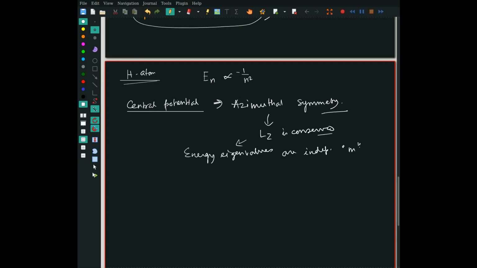But why are the energy eigenvalues independent of L? My question is why E doesn't depend on L?